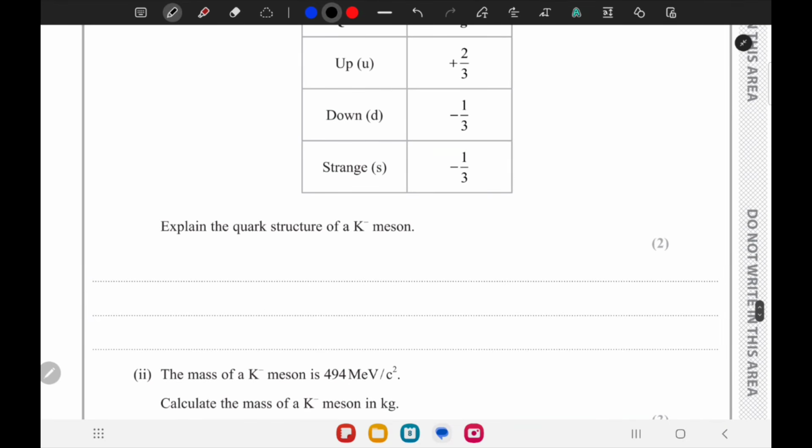Mesons are made out of one quark and an anti-quark.